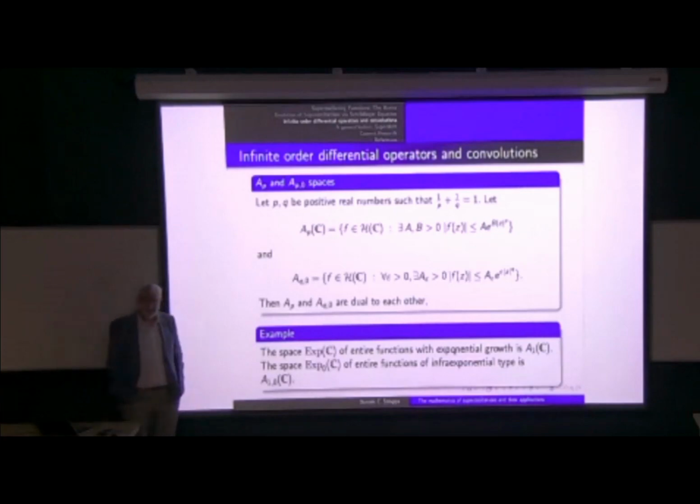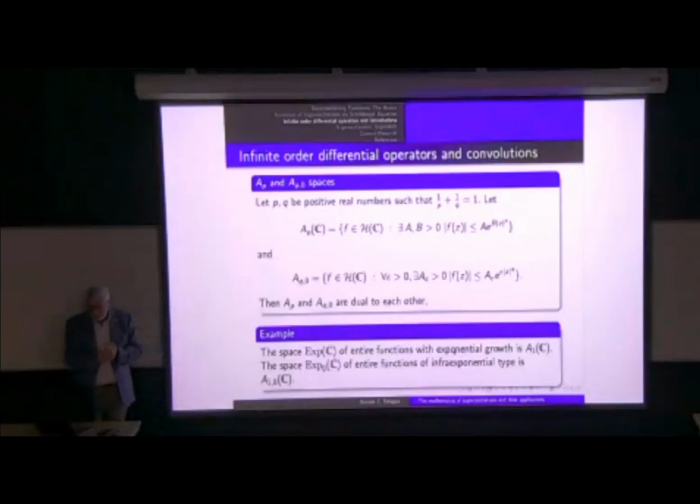Now that's a very interesting space because, for those who are familiar with hyperfunction theory, those are actually hyperfunctions supported at the origin. So there is a very interesting theory that plays some role, but not in what I'm saying today.